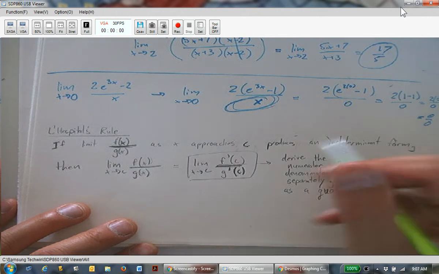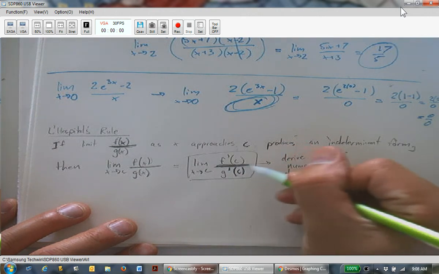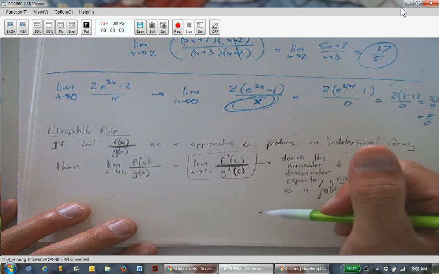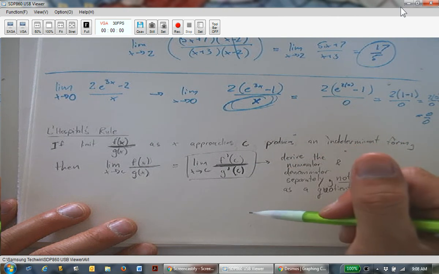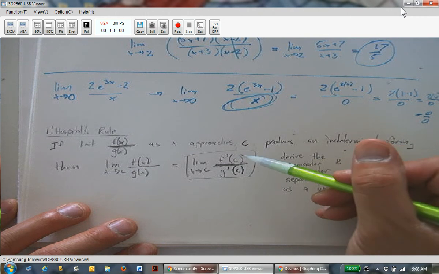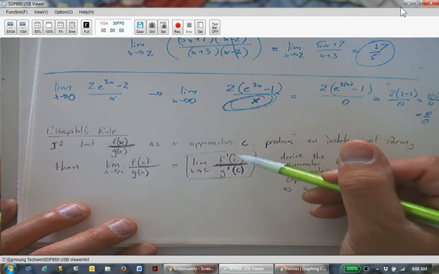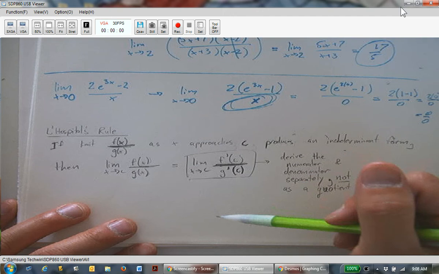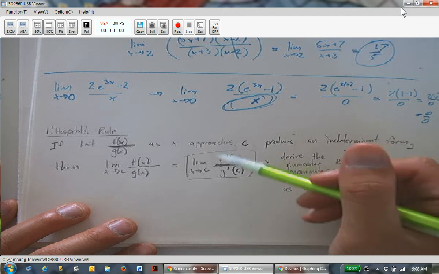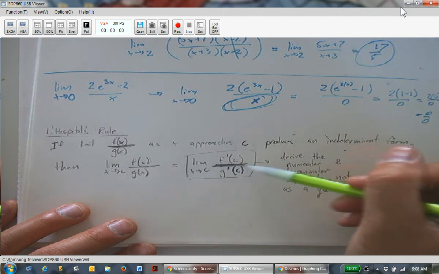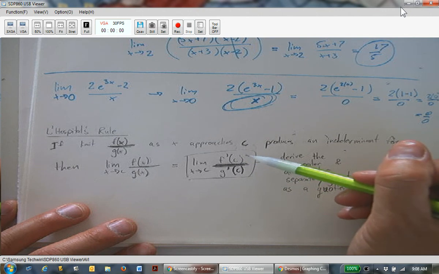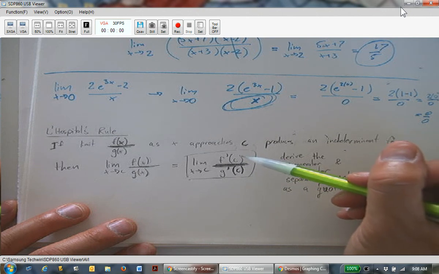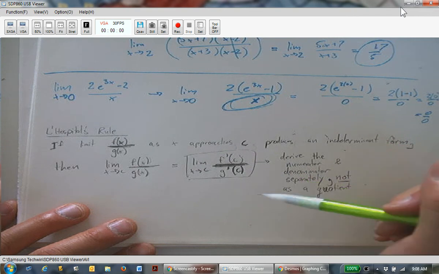Don't treat it as that. Just for the purposes of trying to find the limit, where the limit gives you an indeterminate form, you can take the derivative separately of a numerator and a denominator, if you could separate your whole function into two expressions that have a differentiable expression on the numerator and a differentiable expression on the denominator.